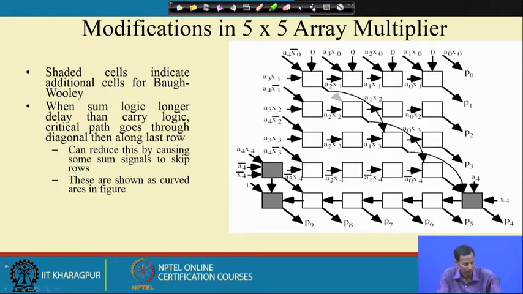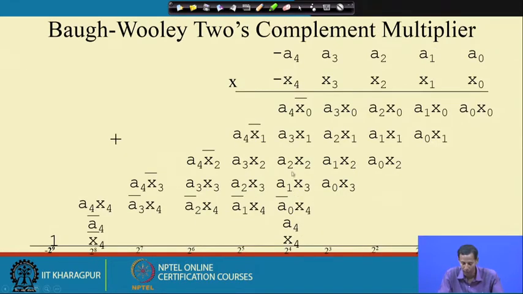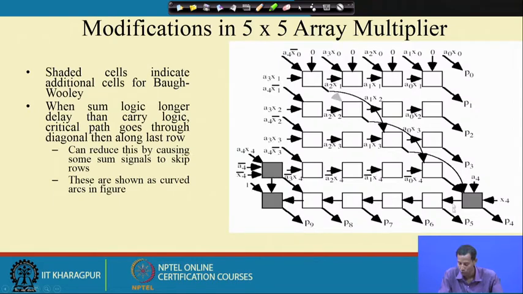For this P0, P1, P2, P3, P4 position, I am getting 2 extra terms, which are A4 and X4. In the initial multiplier I had only 4 stages, but here I need another extra processing element, which will consider A4 and X4, which will be added with the previous terms, and then that will produce the P4.